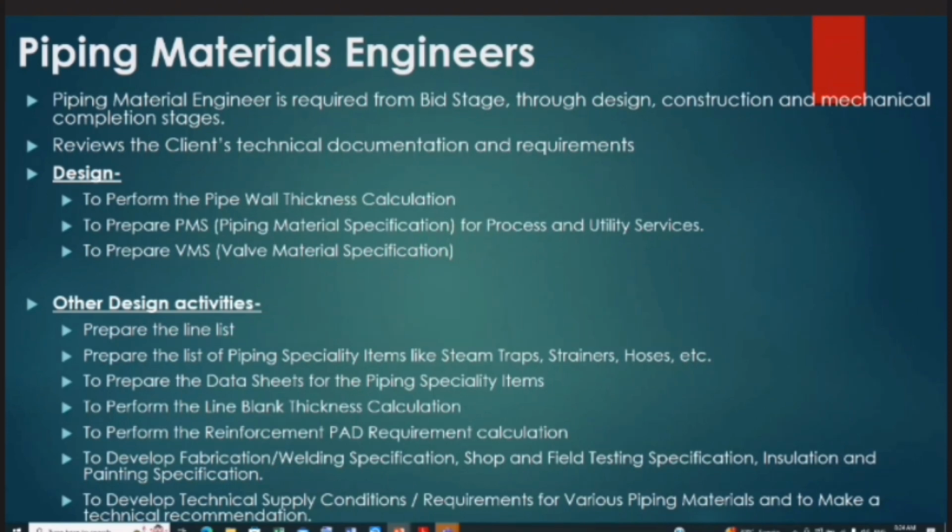So there also we sometimes use line blanks, and depending on the client, it can be just cut from a plate of sufficient thickness and welded there. But then what is the sufficient thickness of the plate? That also we as piping material engineers have to calculate.